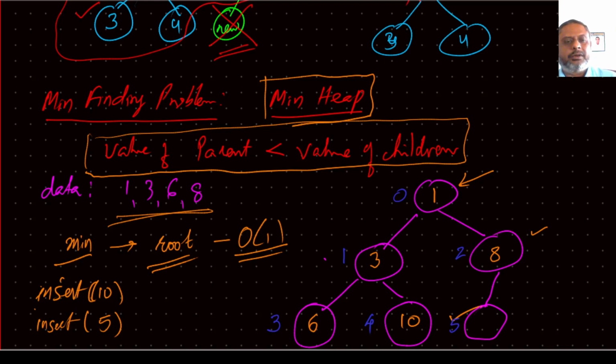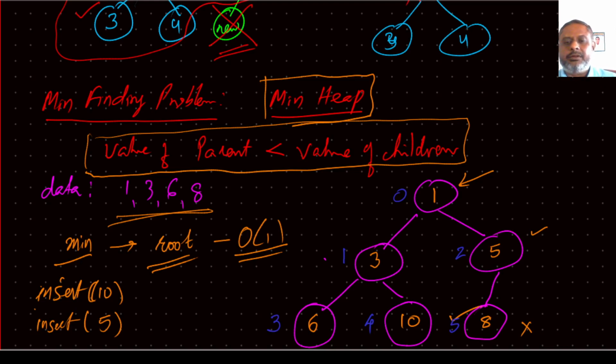But the number you are trying to insert is 8. Is it possible? Definitely not. Then what to do? One option is to exchange these two values. So you get 5 moving upward, 8 coming downward. So will this be a min heap?